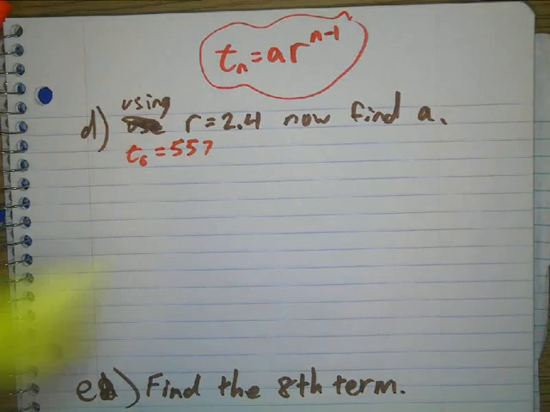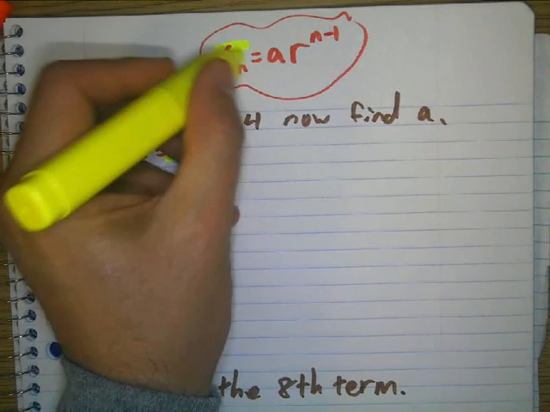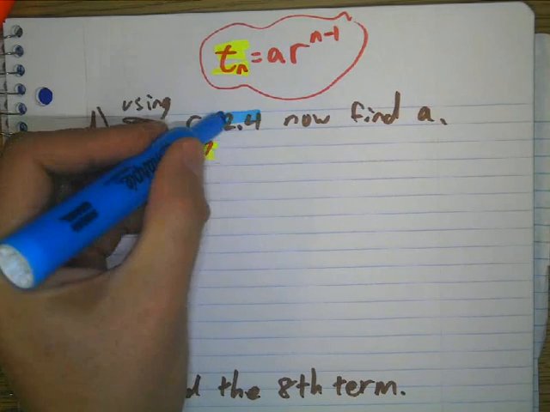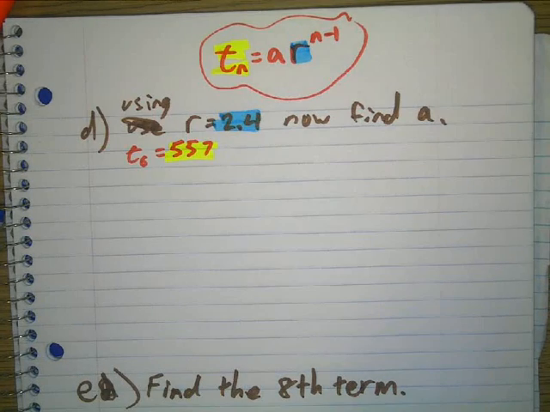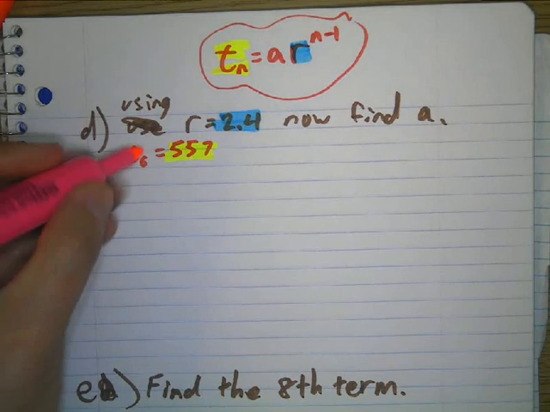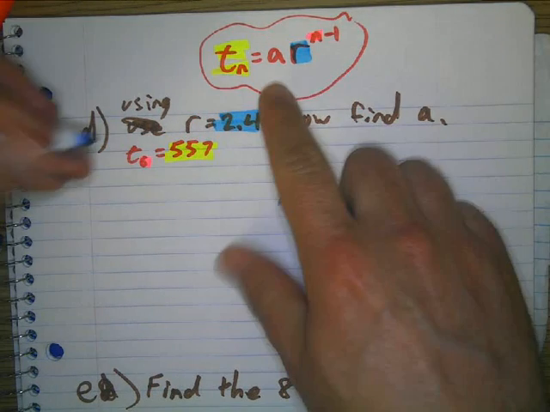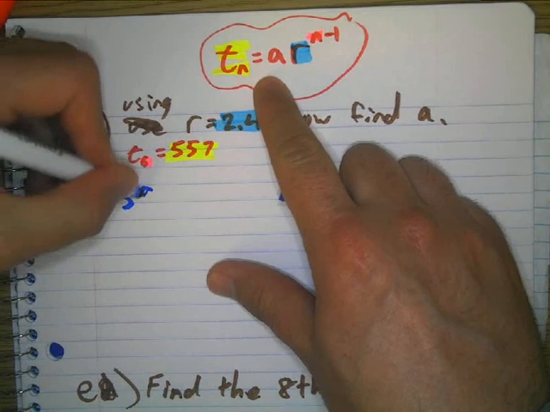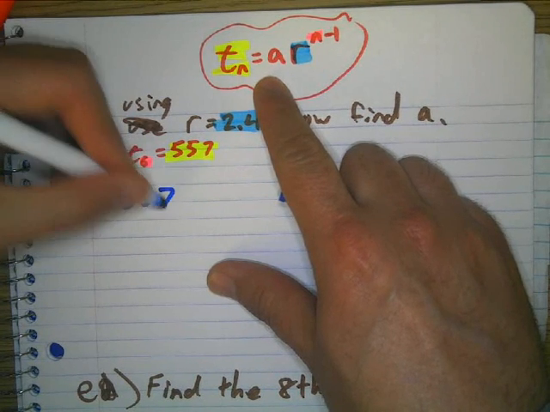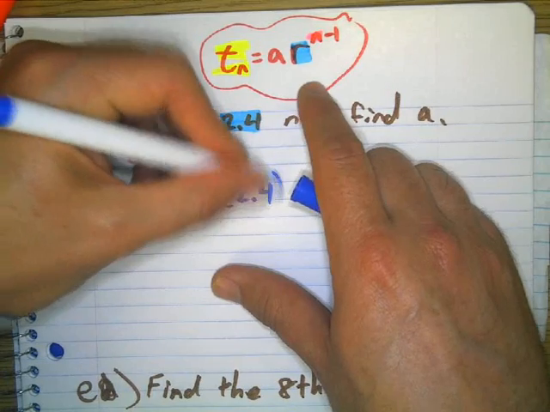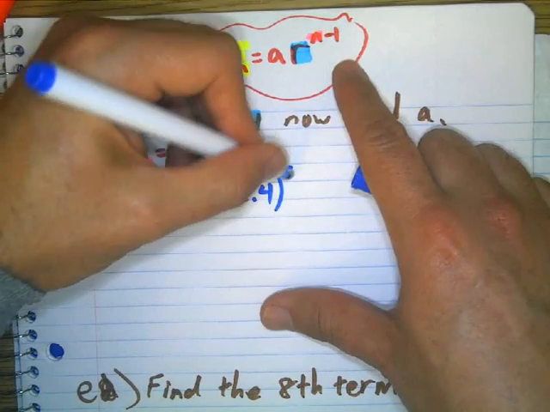Because if we know this value and we know that r is 2.4, and we know that n is 6, all we have left to do is solve for a. So we've got 557 equals a times 2.4 to the 6 minus 1.